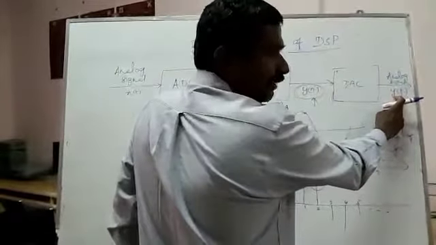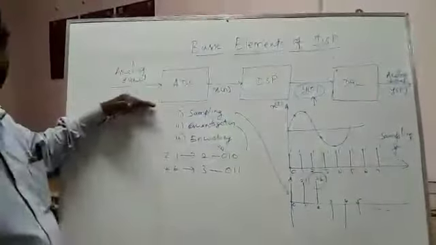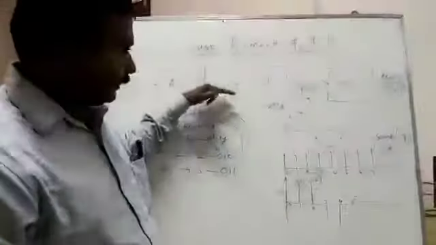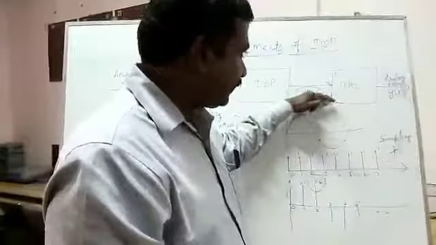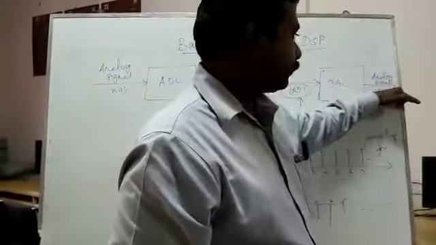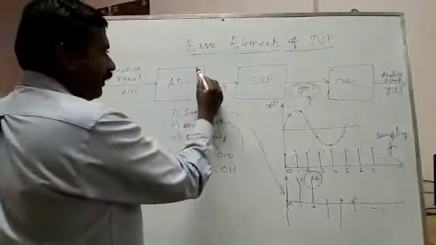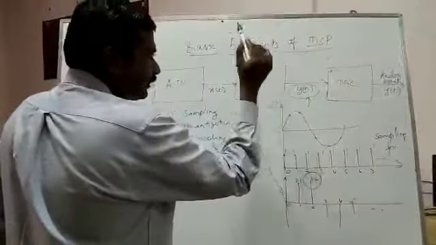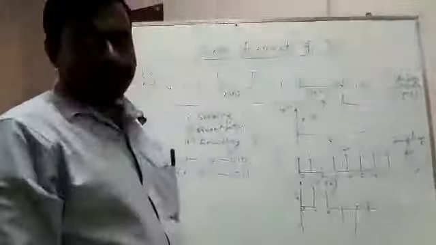So t means analog, here n means digital. So we have a given analog signal, which is converted into a digital signal, then processed by the DSP. The output of the DSP is also a digital signal, then this output of the DSP is converted into an analog signal. So finally we will get the analog signal. So these three, analog to digital converter, digital signal processor, and digital to analog converter, are the basic elements of DSP. That's all.